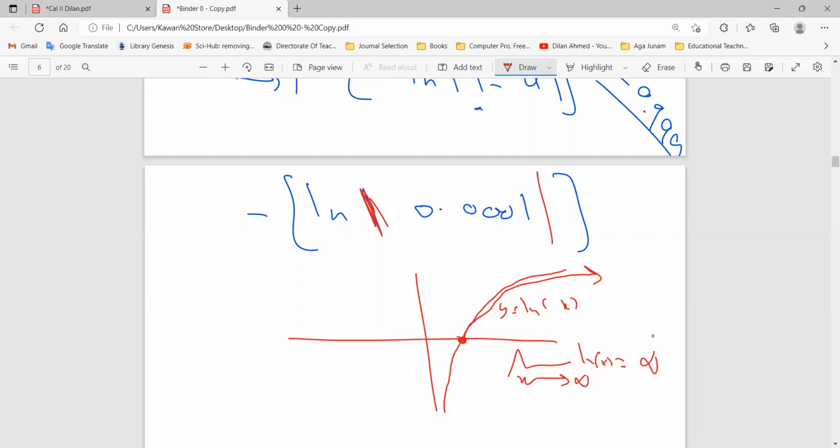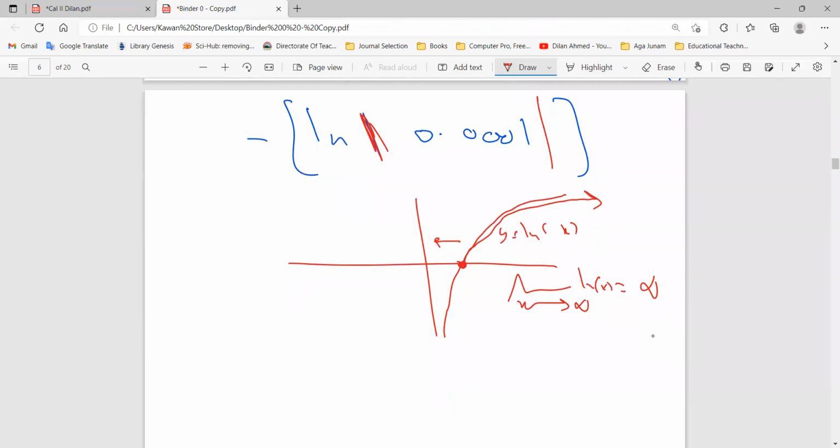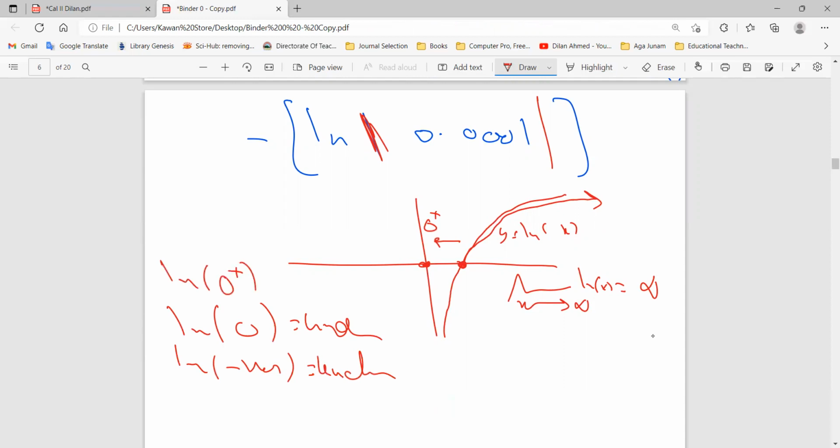Understood? And if we are going to 0, here's 0, but to the right of 0, because ln of 0 is undefined and ln of a negative number is undefined, but ln of 0.001 is defined.